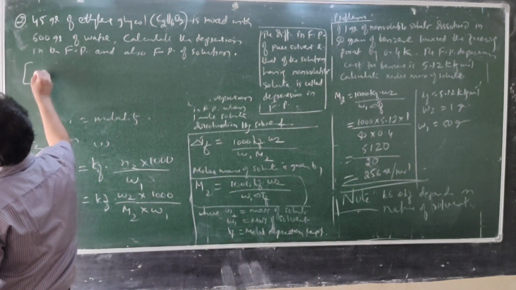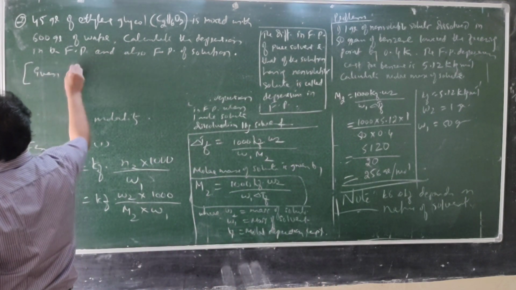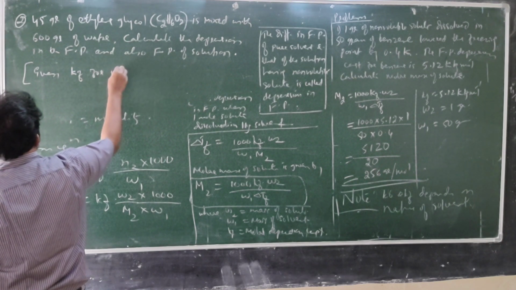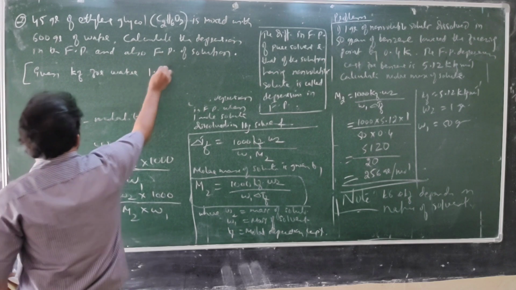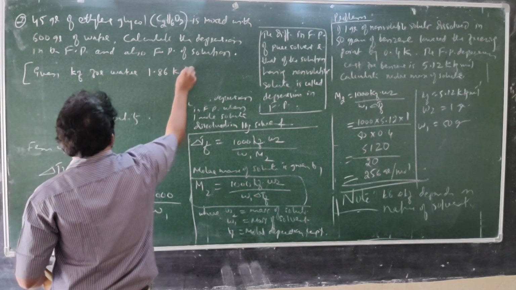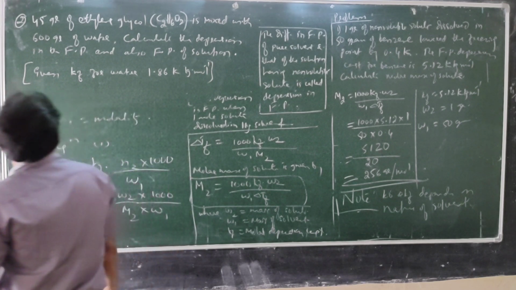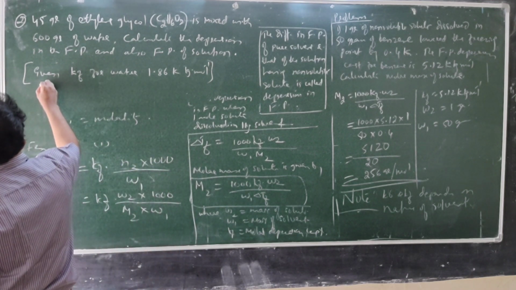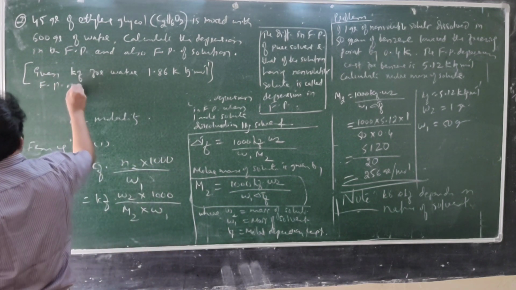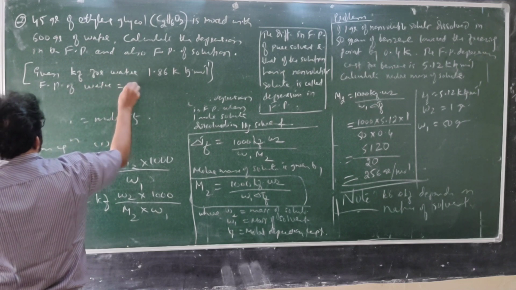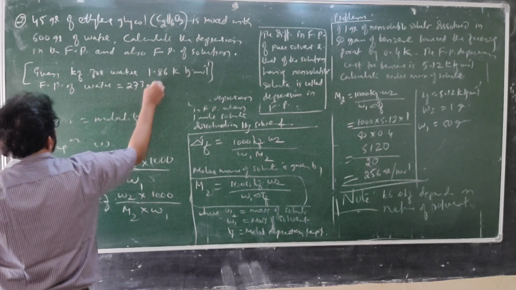So what are the things you expected? Given Kf for water 1.86 kg per mole. Freezing point of water is 273.15 Kelvin.